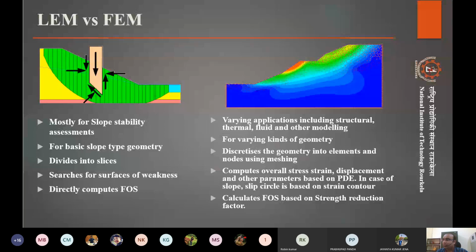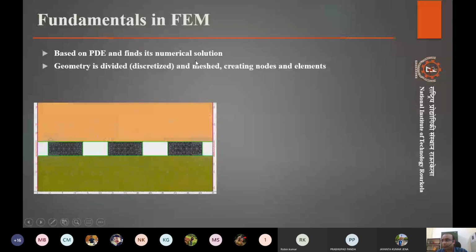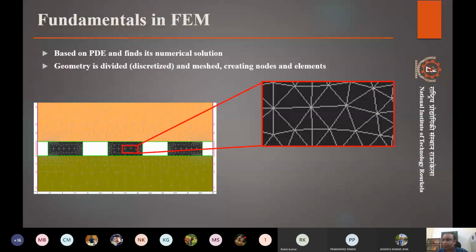So in general, how a finite element method works, we saw that it basically divides geometry into various nodes. So here we discussed an example of how a pillar stability was being judged, and we saw how even the small pillar was basically divided into various mesh sort of structure, basically dividing it into nodes and elements.